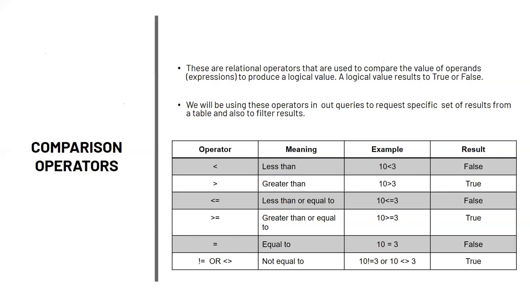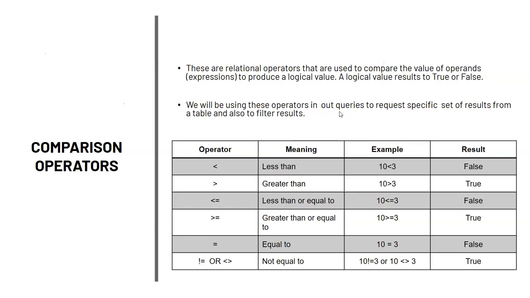So these comparison operators mean what they say. You would use them when you are trying to compare two values. You have less than, greater than, equal to, less than or equal to, not equal to.